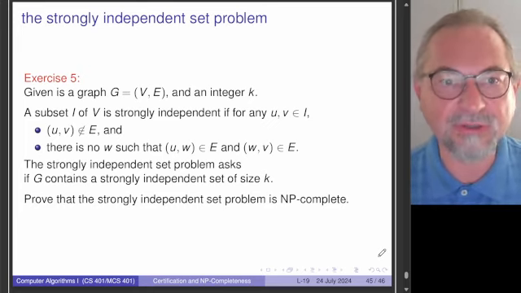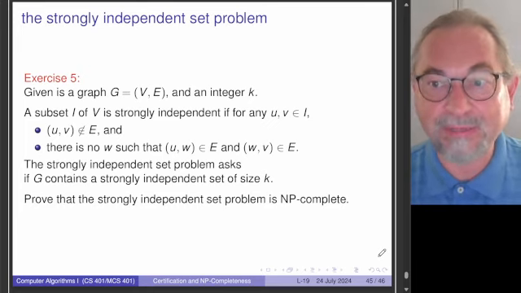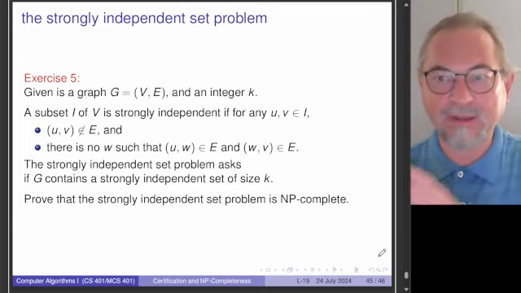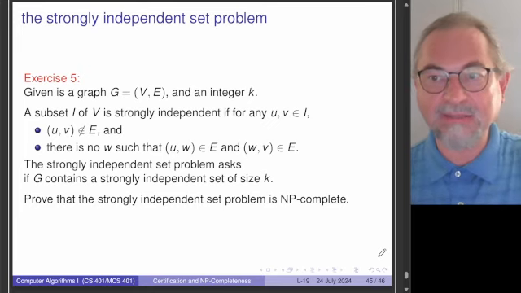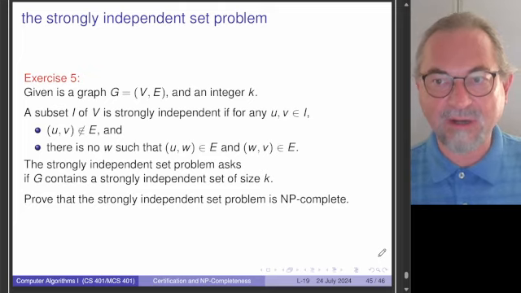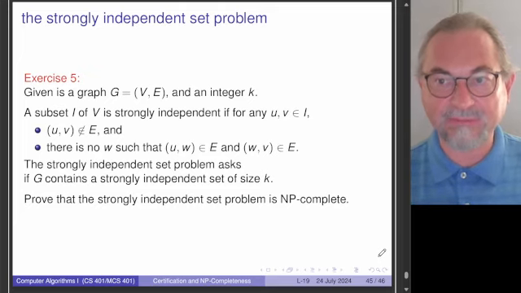So there is the strongly independent set problem. The independent set problem asks, given a graph and a number k, is there an independent set of size k in the graph? If there is a set of size k, that means that between any two vertices in the set, there is no edge.